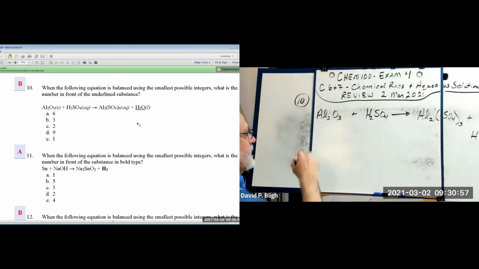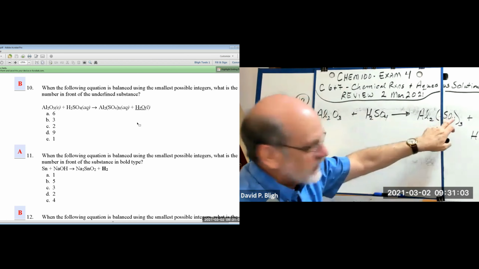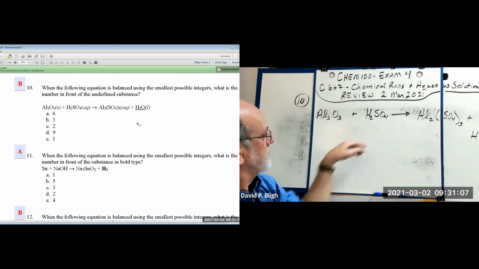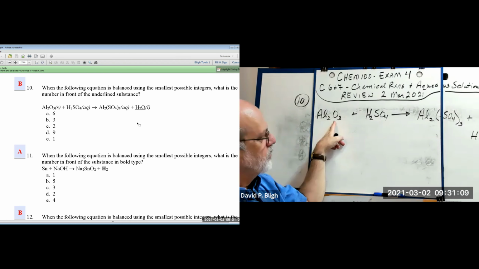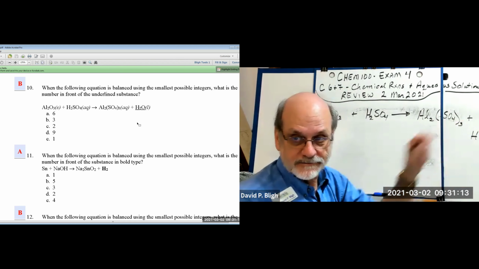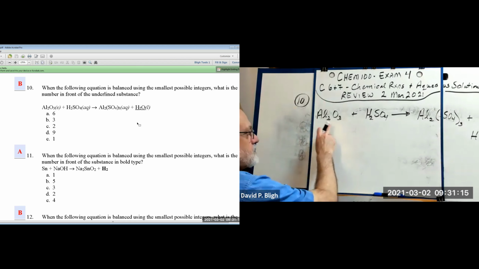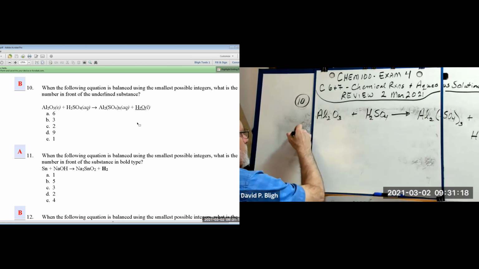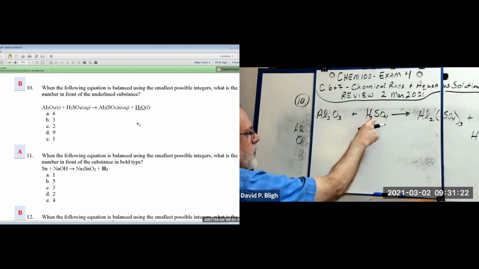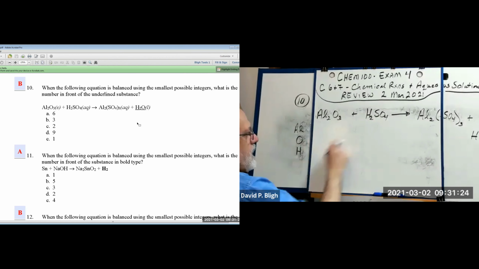Okay, let's do our tally. Notice that we have sulfates here and sulfates there. We can use sulfate as a balancing instrument. This oxygen will be balanced by that oxygen. So if we have aluminum, we have some oxygen, we have some hydrogen, and we have some sulfate.